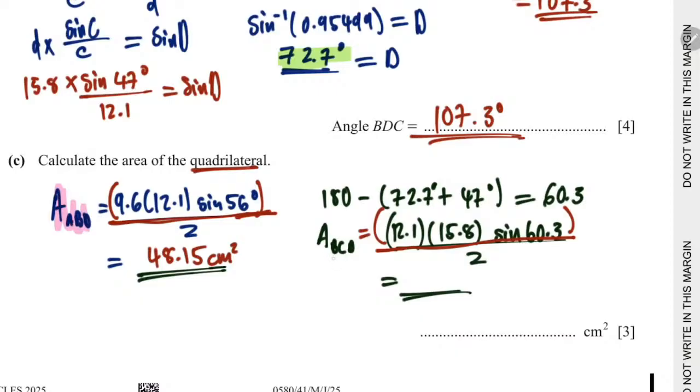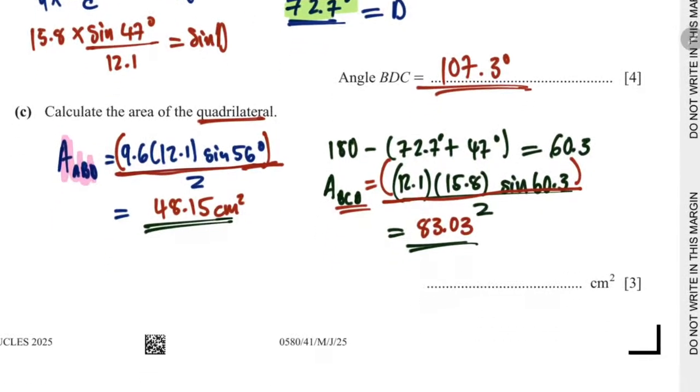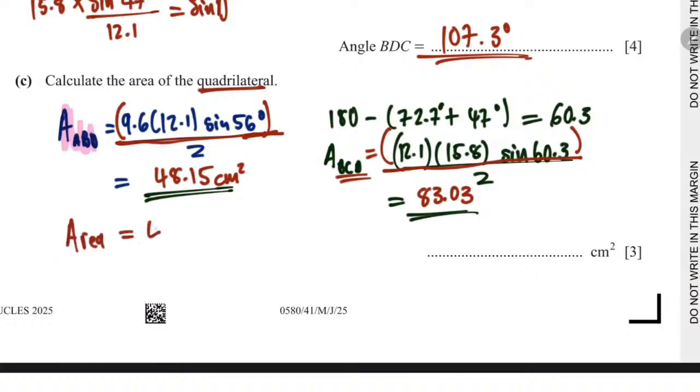Yes. Why is it 25 points? Oh, yeah. Yes, you should use 107.3. You should get 25.7.